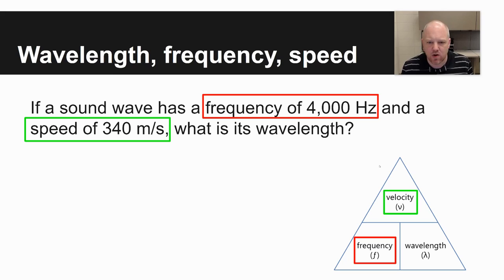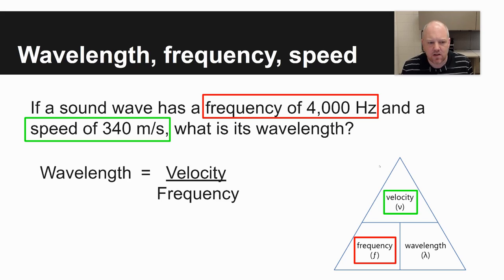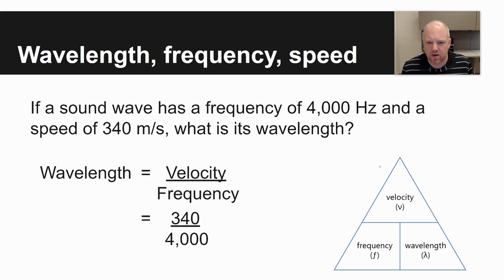We're given frequency, measured in hertz, and we're given velocity, measured in meters per second. And we're asked to solve for wavelength in the bottom right-hand side of this triangle. So wavelength is going to be velocity divided by frequency, or 340 divided by 4,000, which gives us a wavelength of 0.085 meters.